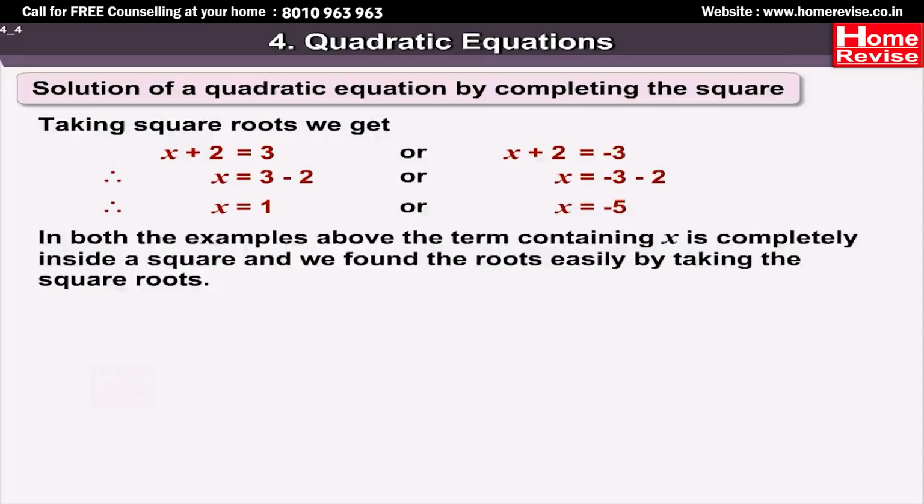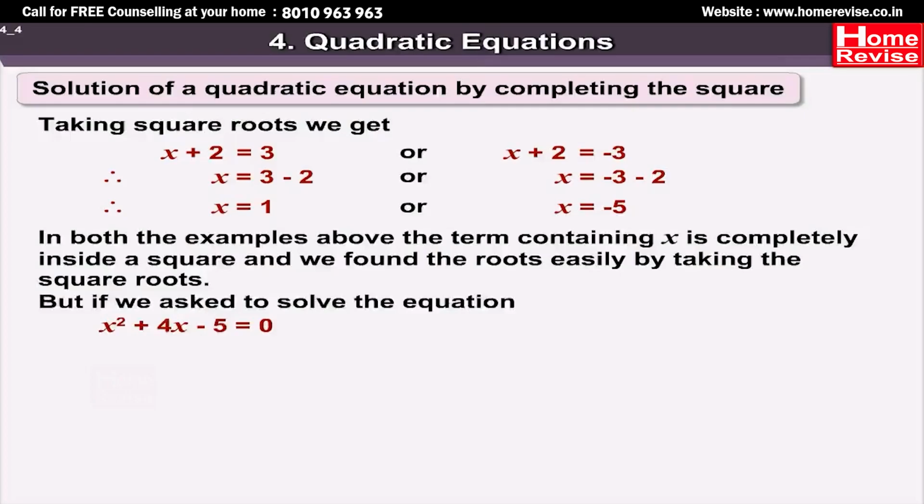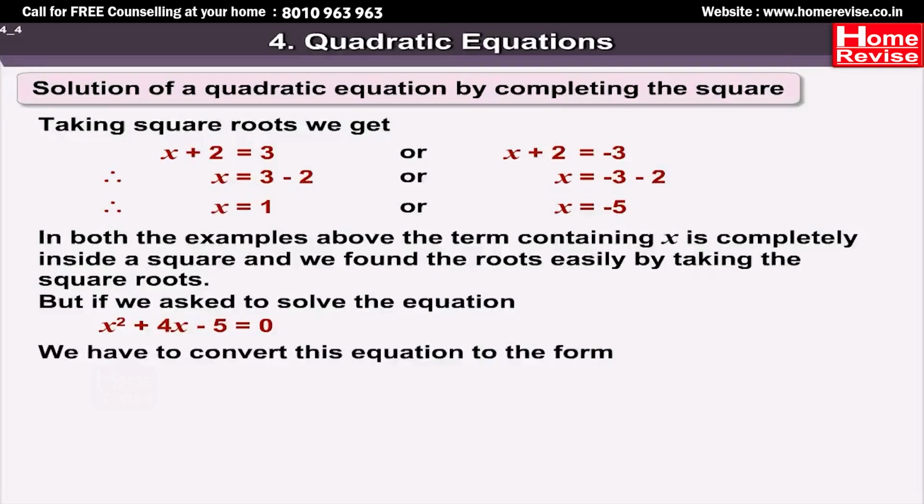In both the examples above, the term containing x is completely inside a square and we found the roots easily by taking the square roots. But if we were asked to solve the equation x squared plus 4x minus 5 is equal to 0, we have to convert this equation to the form x squared plus 4x minus 5 is equal to (x plus 2) the whole squared minus 9.